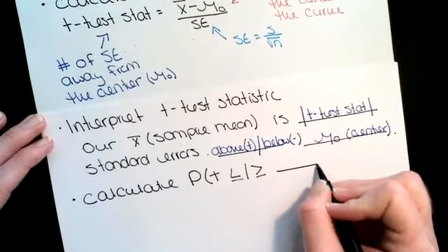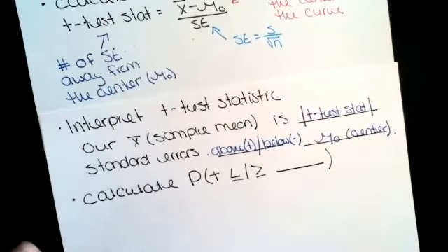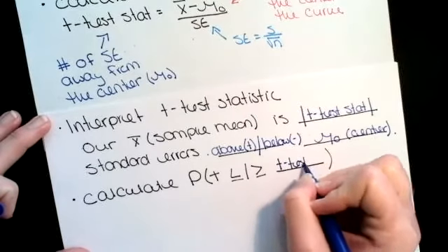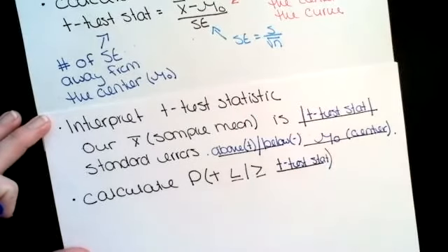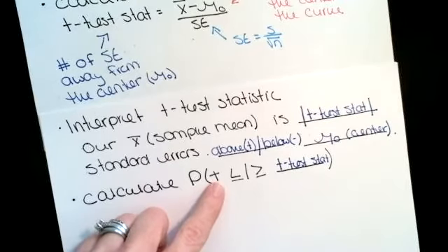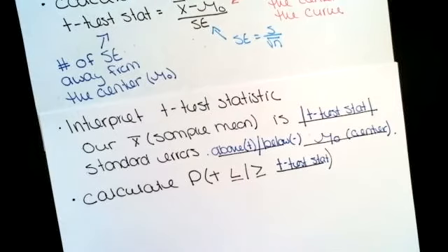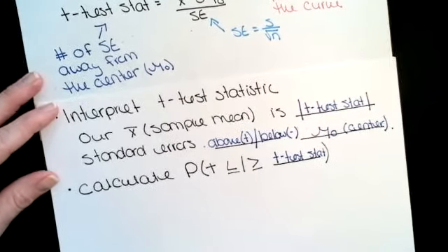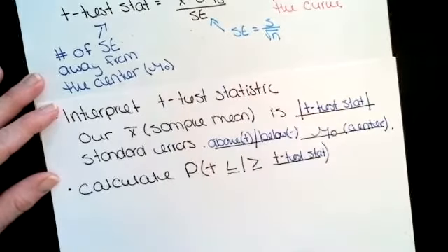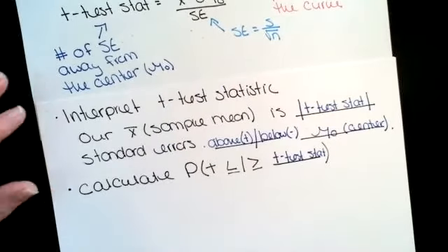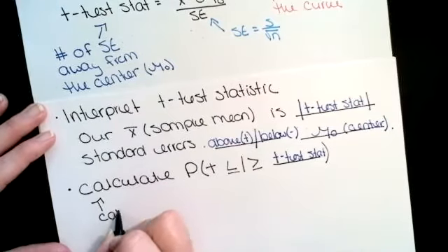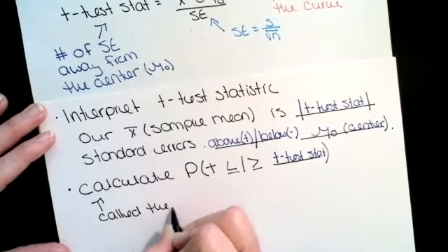So let me write it like this. So we got it here. Our t-test stat value. So we know that's exactly what we're looking at. So we want to calculate the probability of another t value being either less than or greater than. We'll know which one it is. We'll look at the picture. Then our test statistic, the one we got up above here. Okay. This is called the p-value.